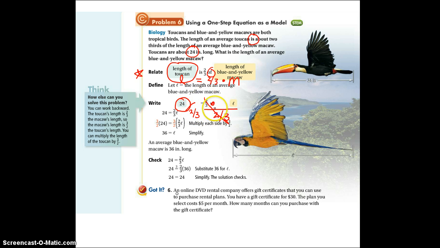So the 2/3 cancel each other out, and I find out that the length of a macaw would be 24 divided by 2/3. 24 divided by 2/3 is 36. So an average blue and yellow macaw is 36 inches long.